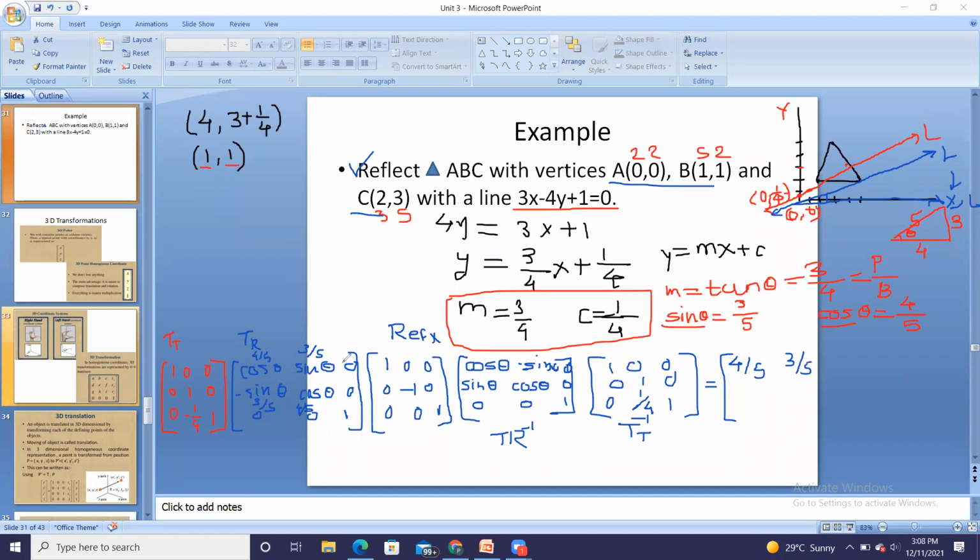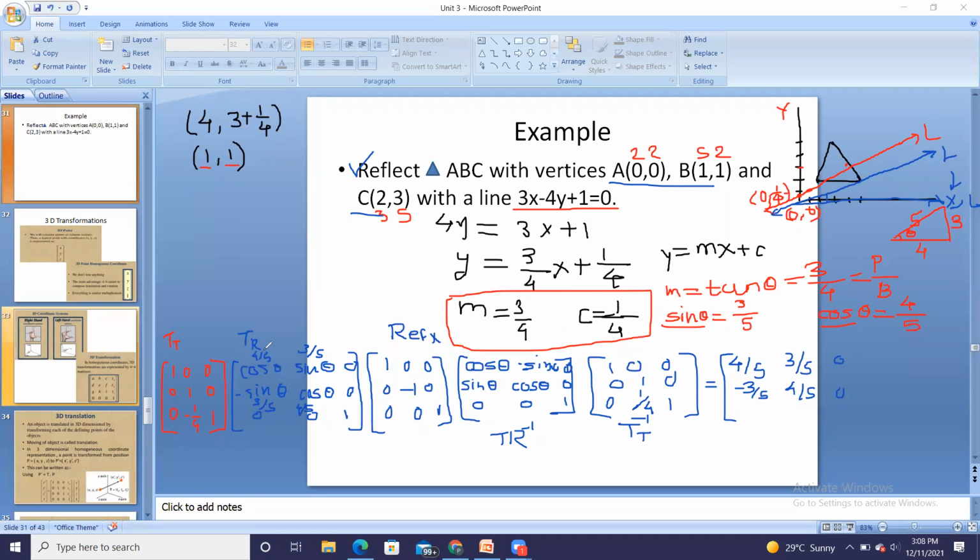Then first row, third column, it is 0. Similarly, second row, first column, it is minus 3/5. Then second row, second column, it is 4/5. And this is 0.